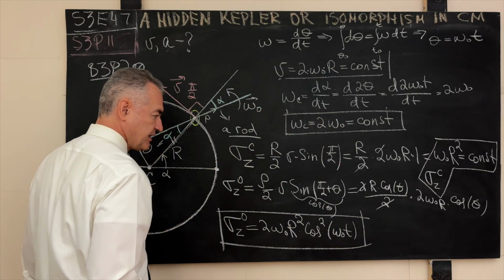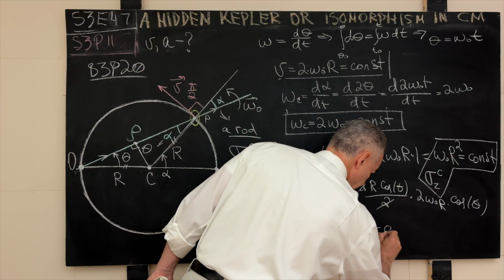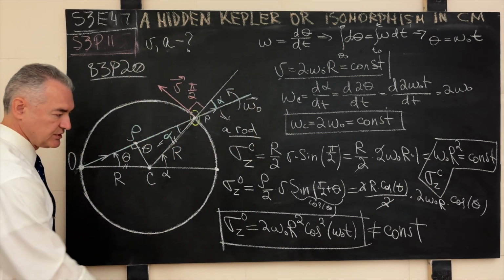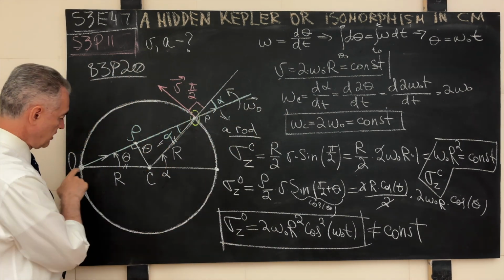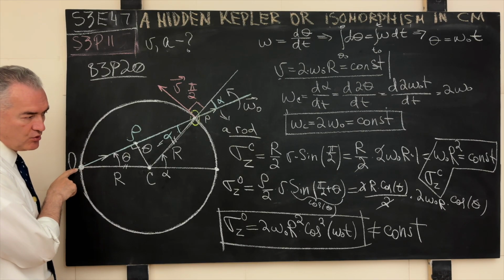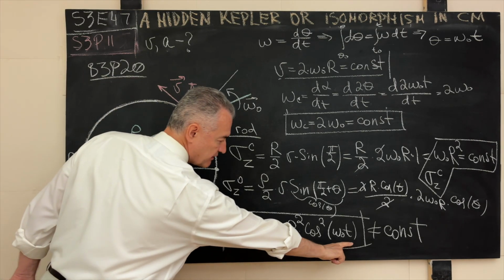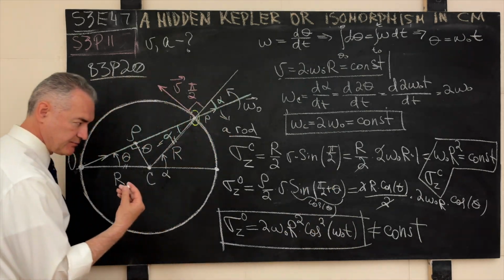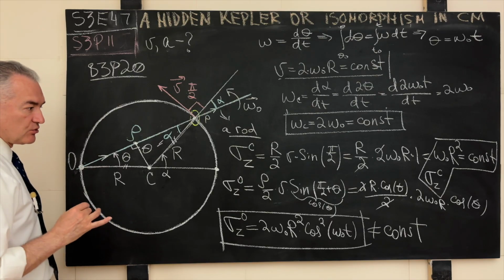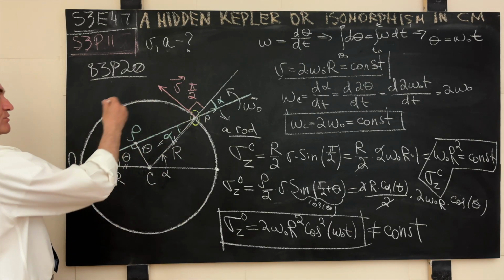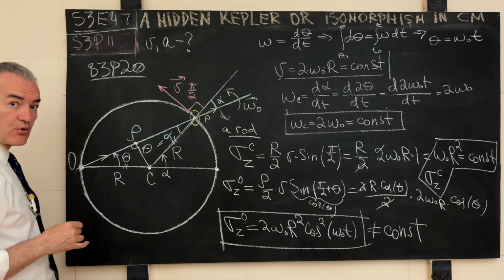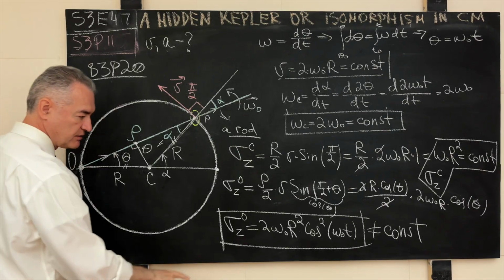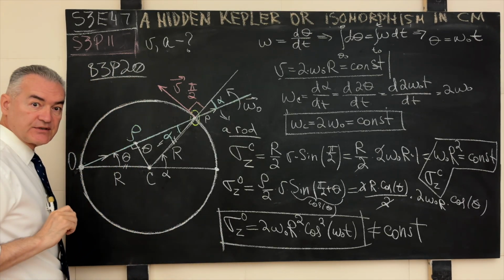In this case, this tells us that this is not a constant. You see, the areal velocity of the ring with respect to an off-center point O is not a constant. It varies over time. As cosine squared, you can reduce the power, but it doesn't matter fundamentally. It is different. So now we go back to our original problem, and we juxtapose the angular velocities of the moving point in each case and their areal velocities.